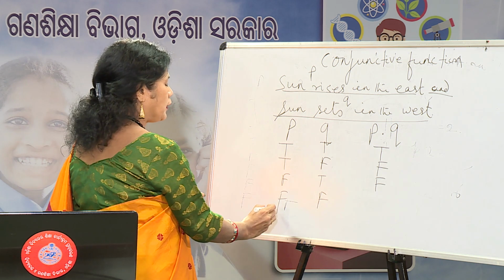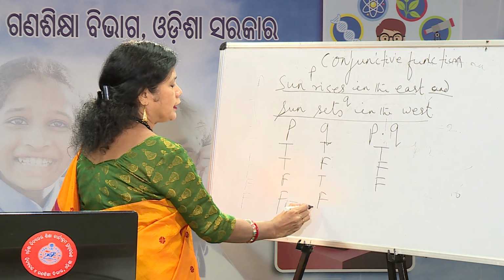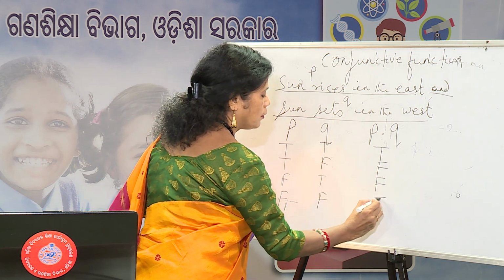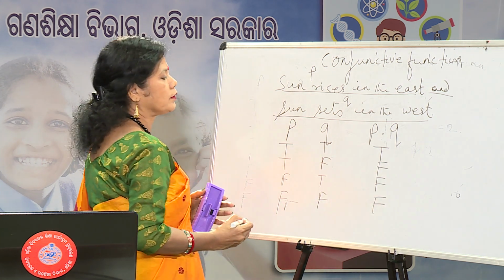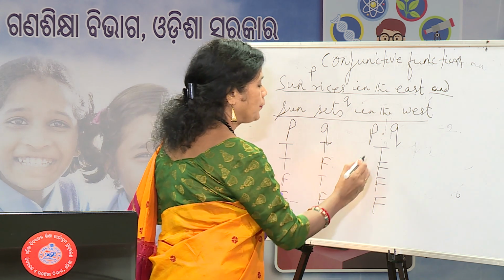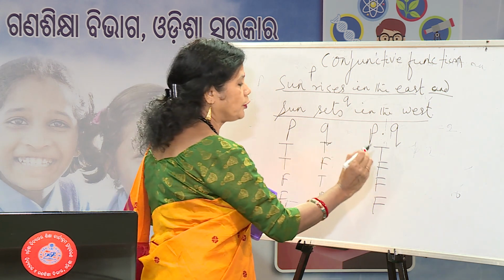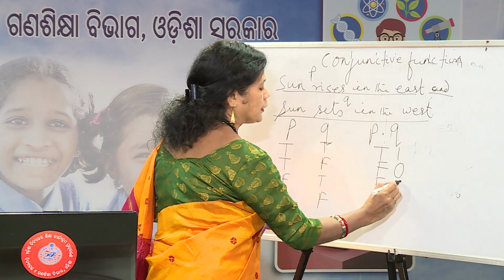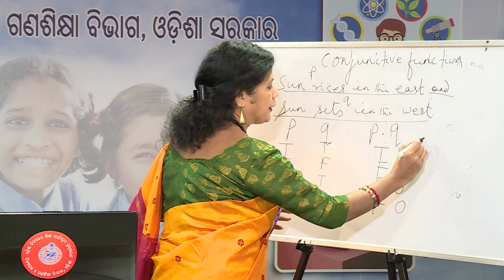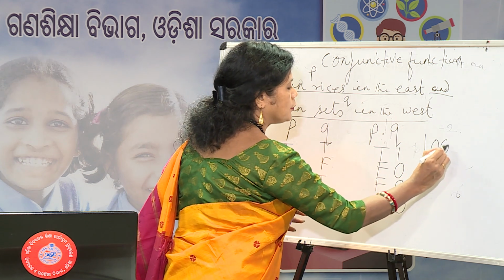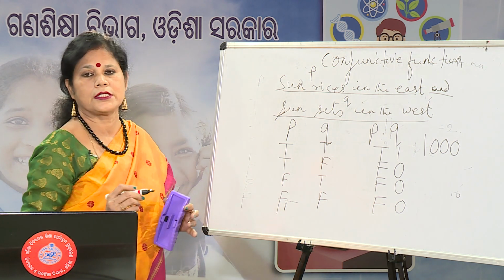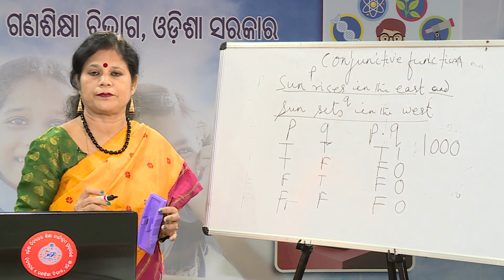Sun rises in the east is false, sun sets in the west is also false, so the conjunctive function is false. Here for T we can write 1, for F we can write 0. So the matrix number is 1000. So this is your conjunctive function.